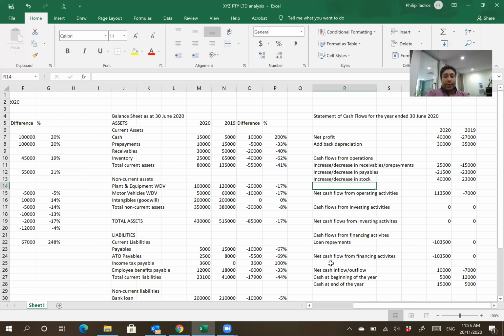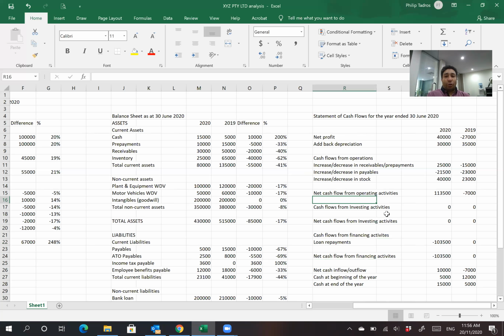Now, when using the direct method, you itemize each line in the cash flows from operating activities, and you need to do the note as a reconciliation between profit and cash flows from operations. Now, the more common method is the indirect method, and that's probably what you're taught at universities or in your degrees or diplomas.